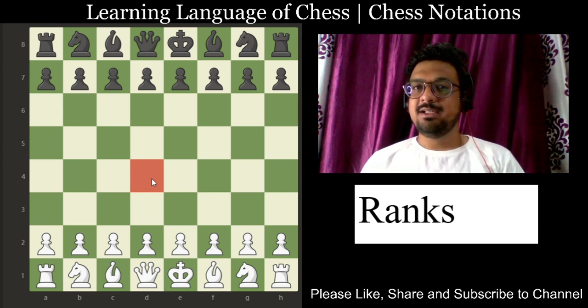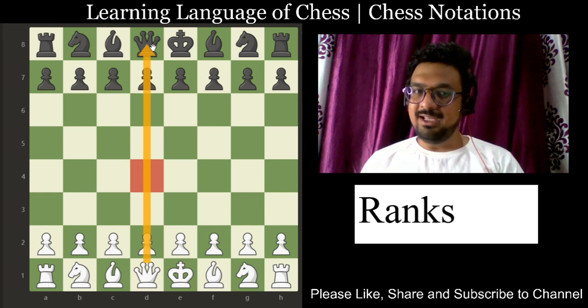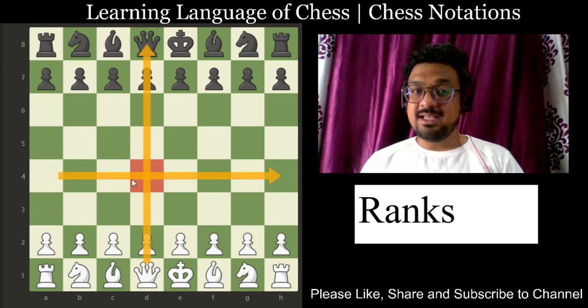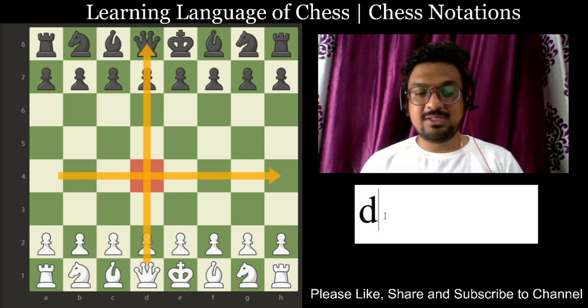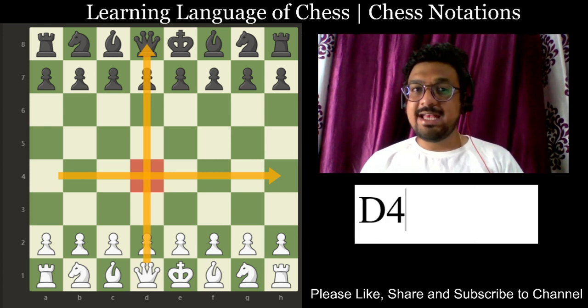Which file is this square on? The D file. And which rank is this square on? The fourth rank. So it's very easy to name this particular square. This square is called D4.